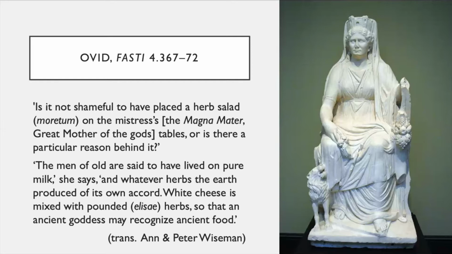What Ovid is doing here is quite similar to something he does about 20 lines later, where he uses the word panis, bread. This is in his account of the Cerealia, the Festival of Ceres. And that word would have been a shock to Ovid's audience because the word panis does not get used in high-flown literature. Ovid's audience would have expected a more elevated paraphrase such as the gifts of Ceres, Cereris dona.